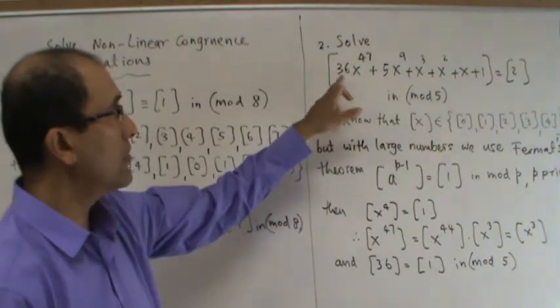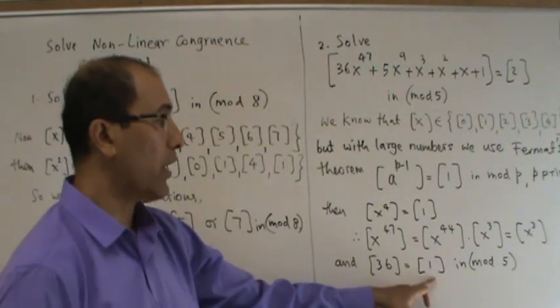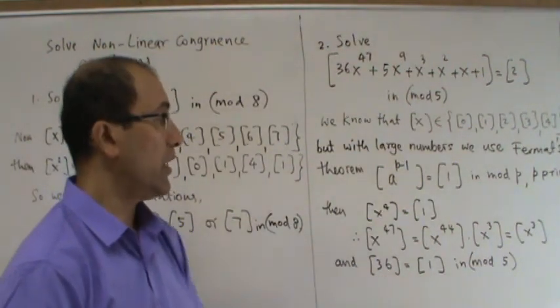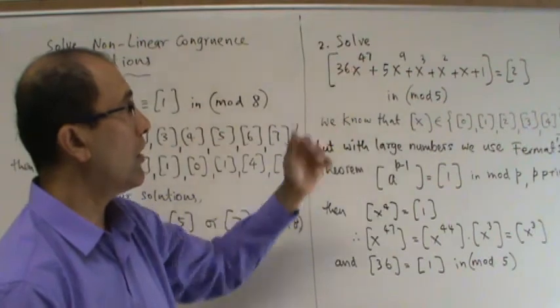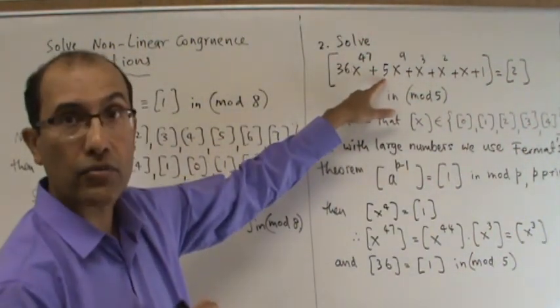And also I can reduce the 36 because 36 in mod 5 is related to 1. 36 is 35 plus 1. So 36 is related to 1, and I can use all that. And you will also notice that 5 is related to 0.